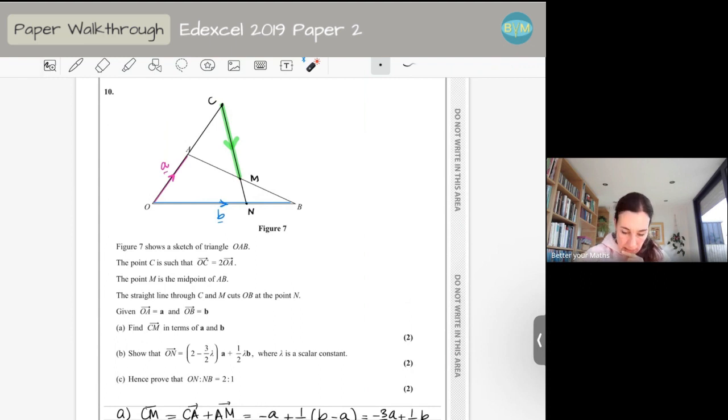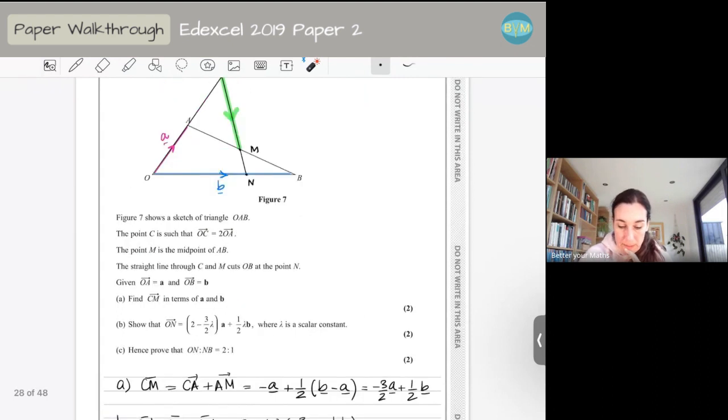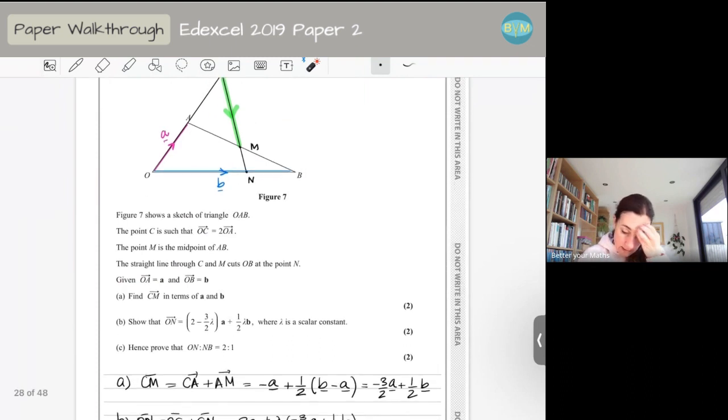More things. It says, hence, using this, prove that ON to MB is 2 to 1. ON to MB. So what we can do is to find lambda, because it's going to help us to know the ON distance in terms of B. So let's find lambda.